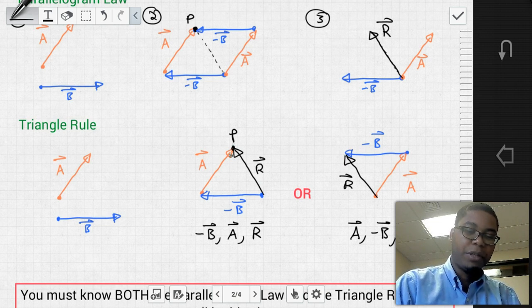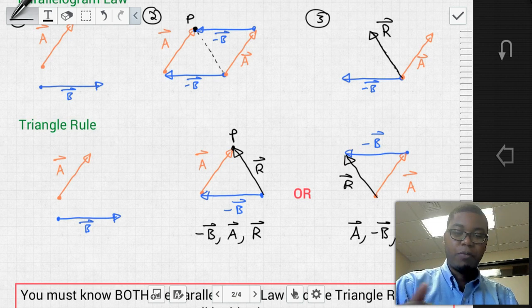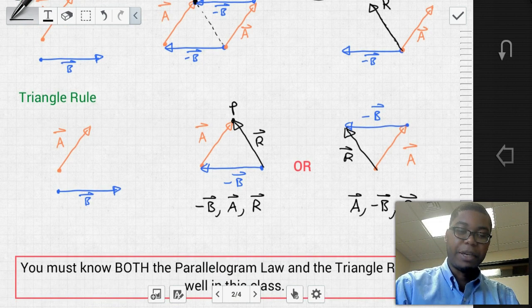Then the sense of the resultant is going to be an arrow that meets where the sense of A meets. And so we found our resultant vector. We can also do this same rule starting with vector A.